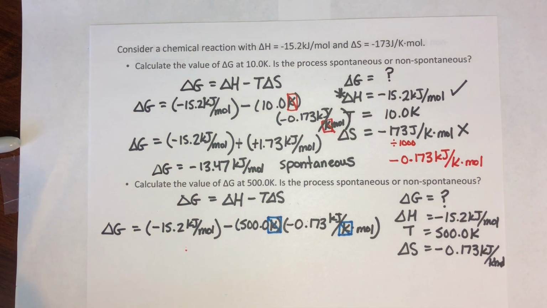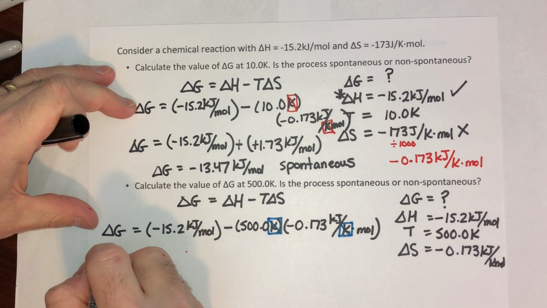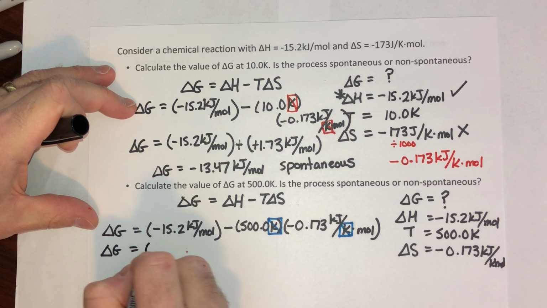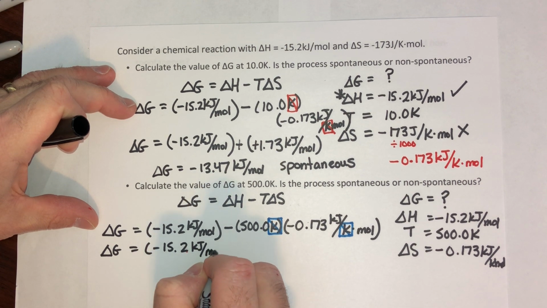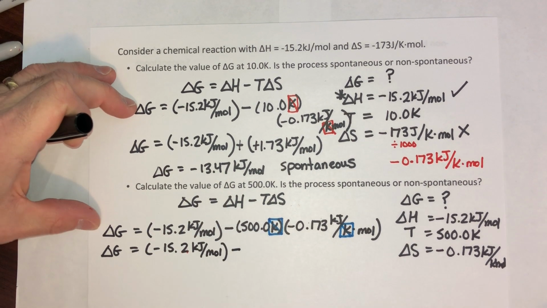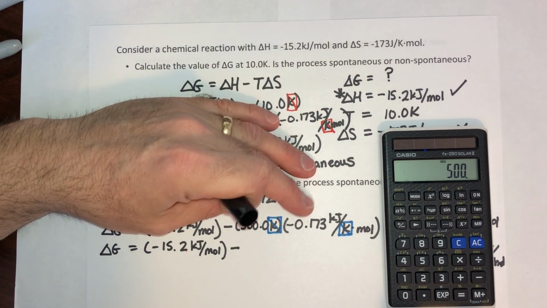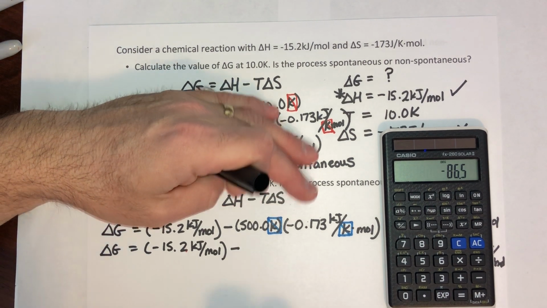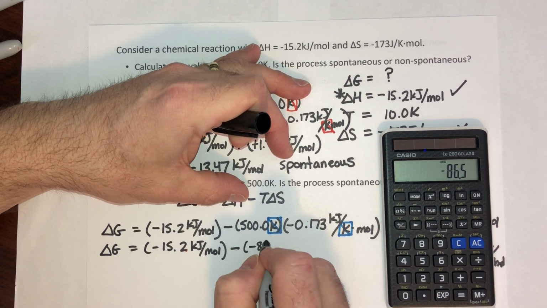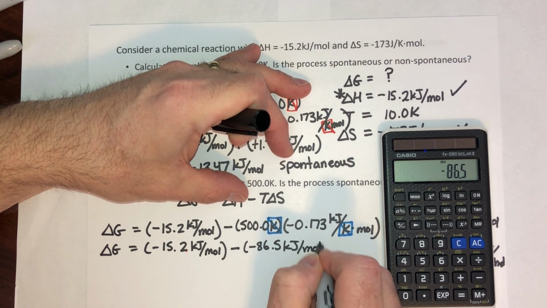So just like the last time, let's do it in pieces. You have to do the multiplication first, so delta G equals a negative 15.2 kilojoules per mole minus. Okay, 500 times a negative 0.173 gives me a negative 86.5 kilojoules per mole.